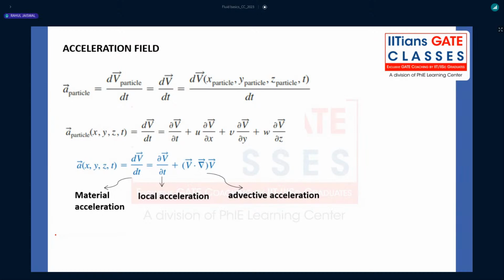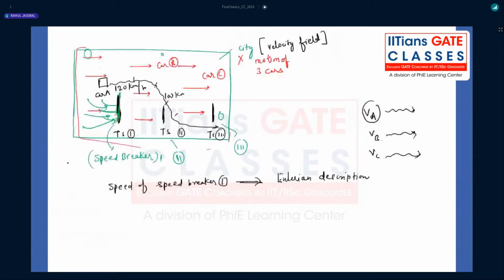Now in this acceleration field, everybody knows that the acceleration of the particle is dv by dt, just like we write velocity as dx by dt. Similarly, acceleration can be written as dv by dt. But I told you velocity will be a function of x and t. Just see the example of the car.